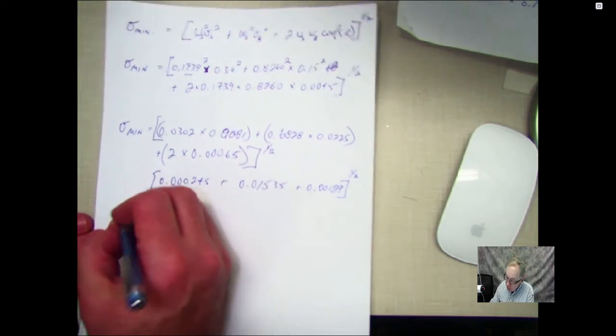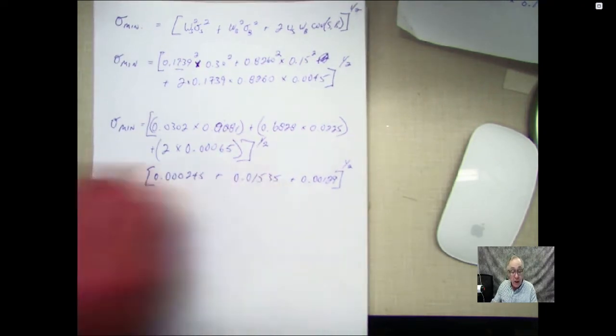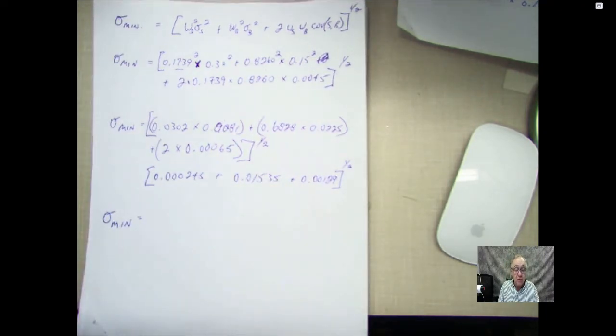So this should then calculate to standard deviation minimum, and let me confirm some of my calculations.